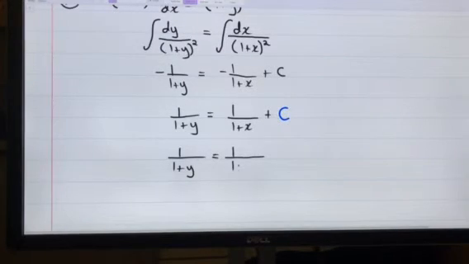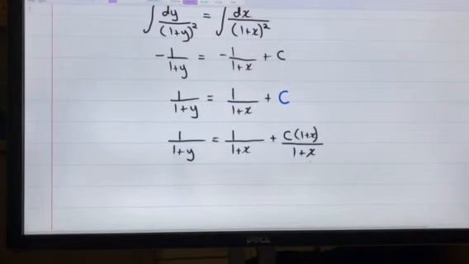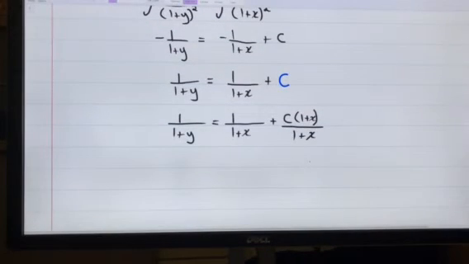In terms of combining the terms to the right, just putting c in terms of a fraction, and upon combining, the reason I'm doing this is so I'll be able to take the reciprocal of both sides and also be able to isolate y.